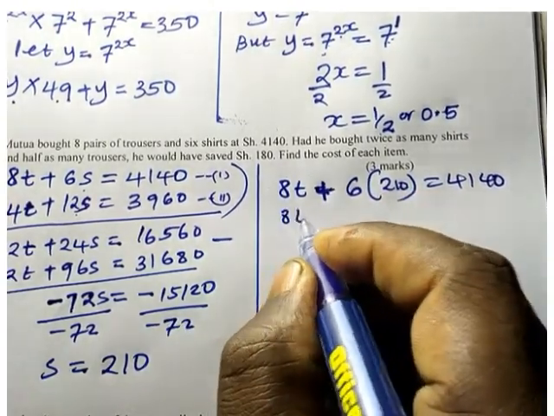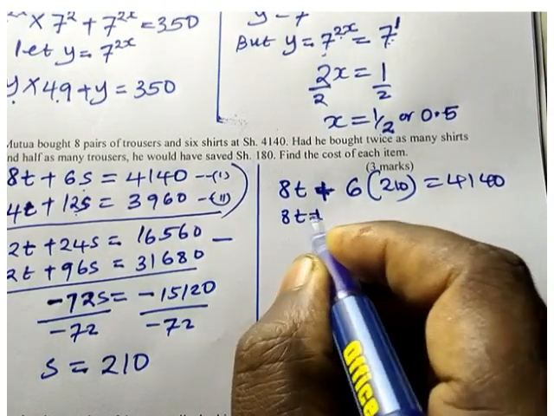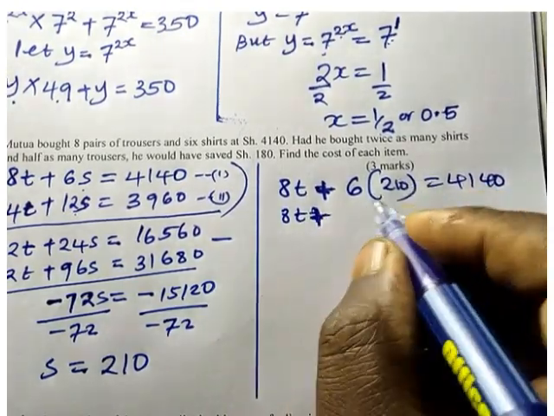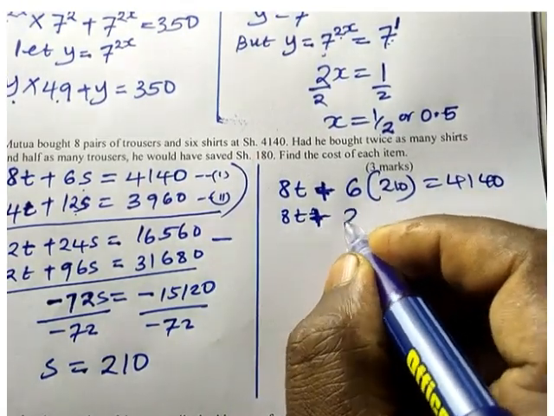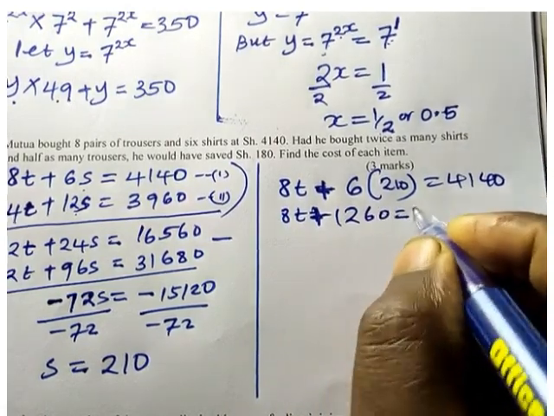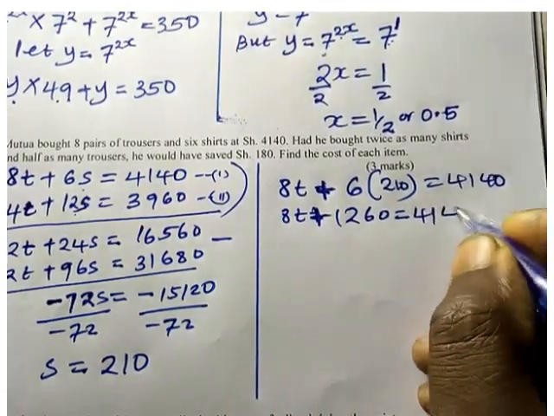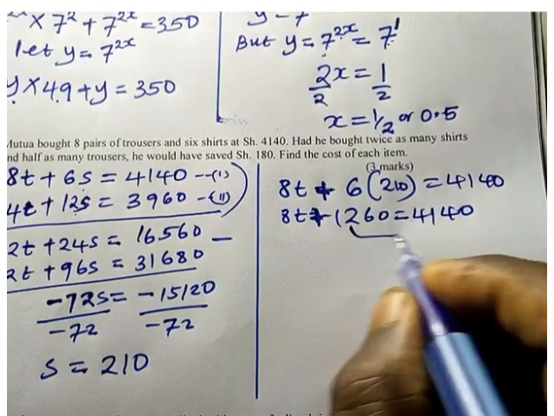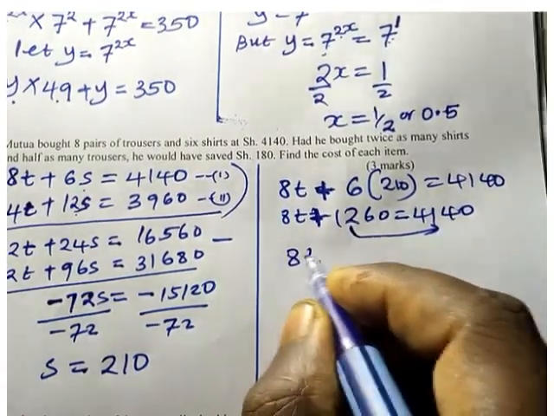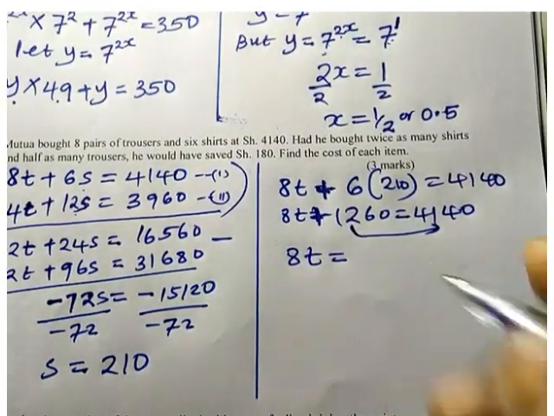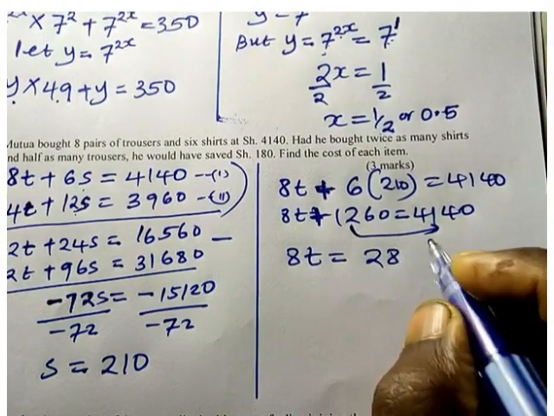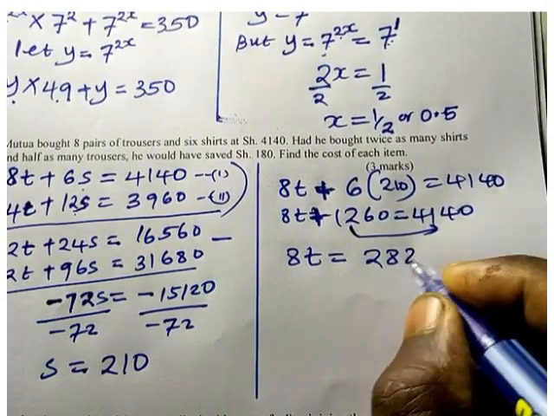Sorry, this is plus. So 80T plus 1,260 is equal to 4,140. Like terms together, 80T is equal to 2,880.